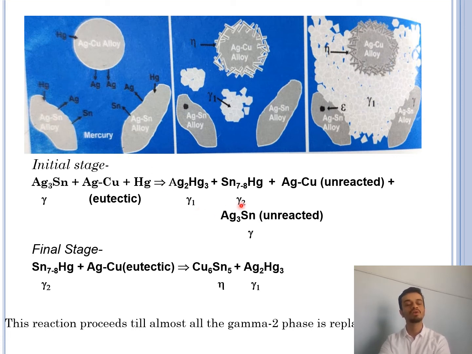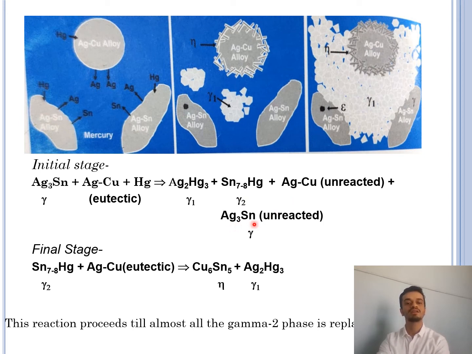This occurs because in the initial stages there is only dissolution of the silver and tin components into the mercury, and among the silver copper only dissolution of silver occurs. Dissolution of copper occurs in very small amounts. So the reaction products formed are gamma 1 and gamma 2 along with unreacted silver copper and unreacted silver tin.